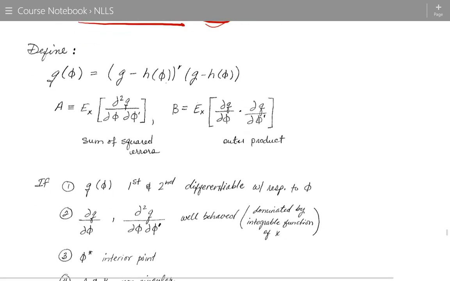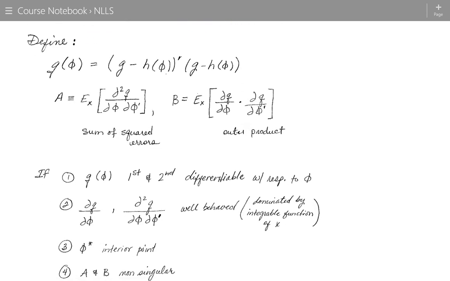Okay. Now we'll go one more time and look at it from a slightly different perspective. If we again define our Q as the differences between the true model and the model I'm using, the sum of squares of those differences.